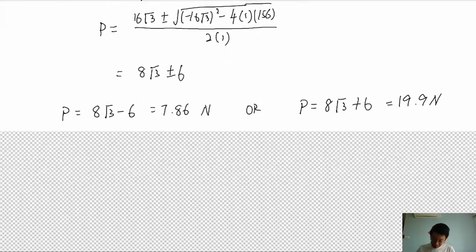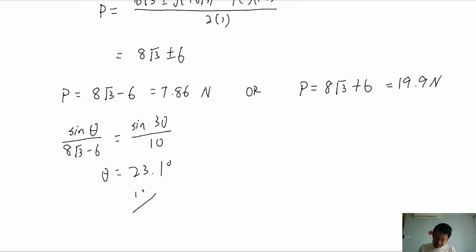We have this side as 10, then theta which is 23.1, then the 30 degree angle, the length here is 16, this one is 7.86, and this angle is 126.9. For this triangle, it seems very logical, looking at the angles and the sides.